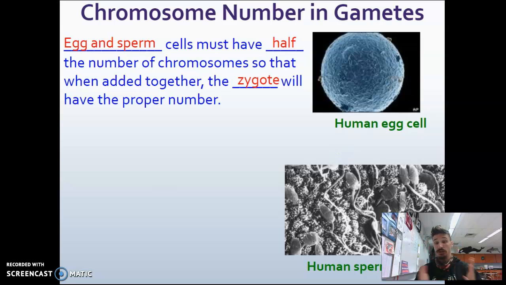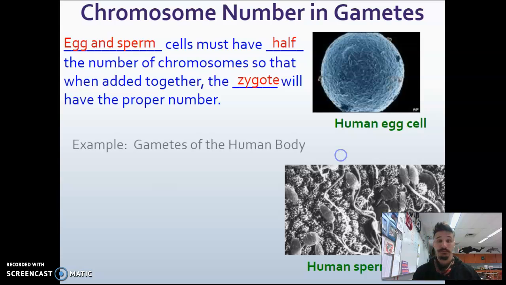So the zygote, ultimately, the reason these eggs and sperm cells have half the number is because the zygote needs to have the proper number that a diploid cell would have, right? And examples of these cells that have half the number of chromosomes are gametes in the human body.